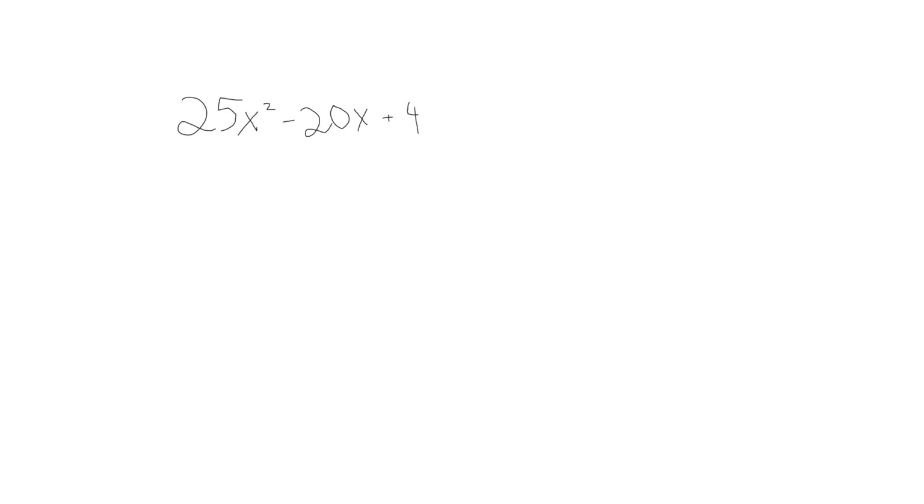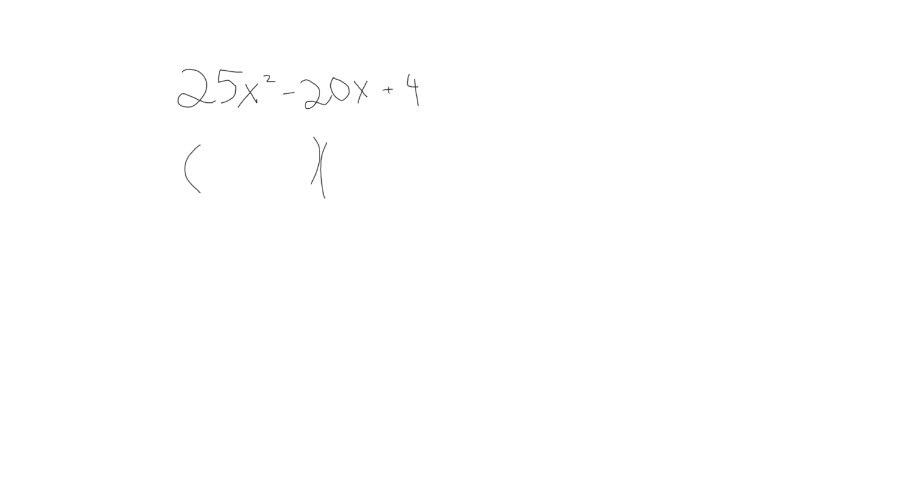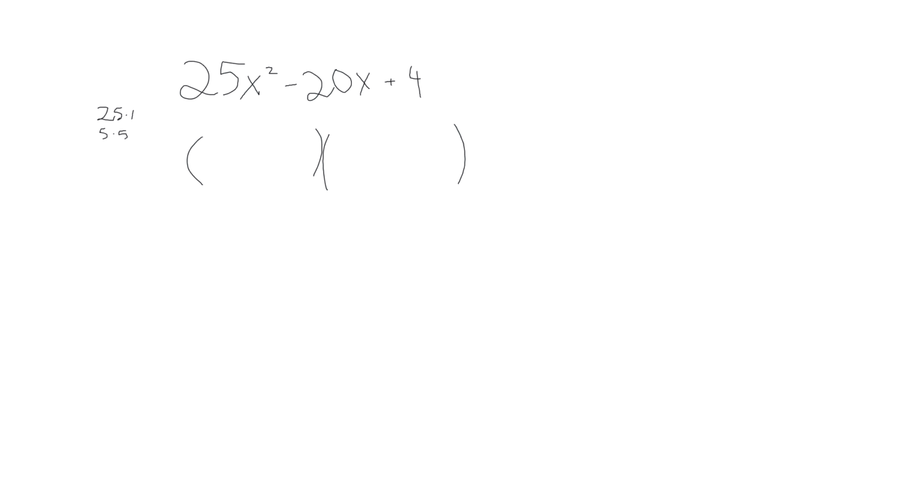25x squared minus 20x plus 4. Let's start with my, okay, to get 25x squared, I can do 5 times 5. I could do 25 times 1. To get my 4, I could do 4 times 1.